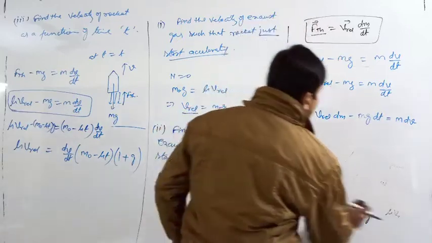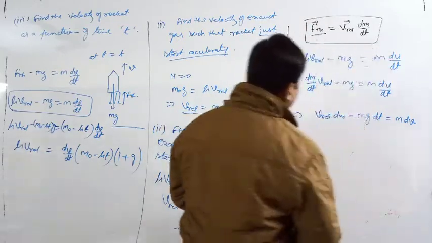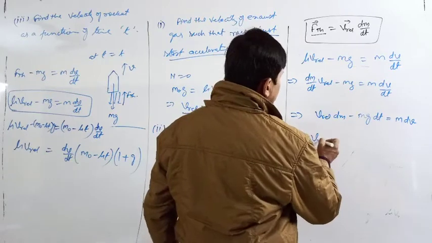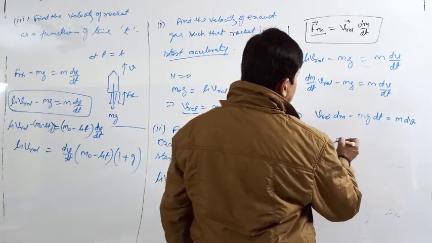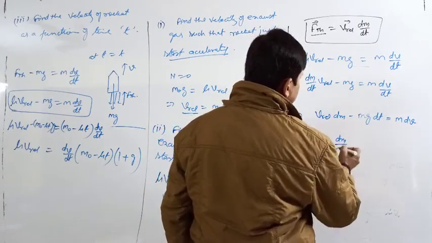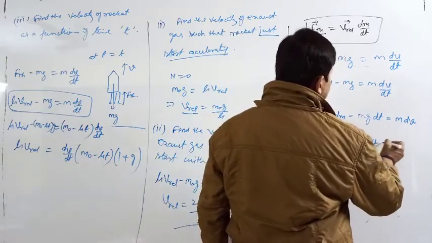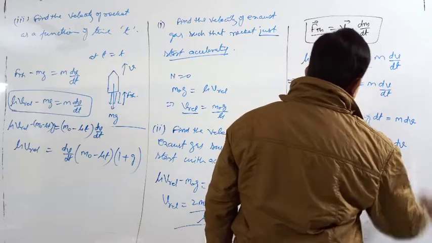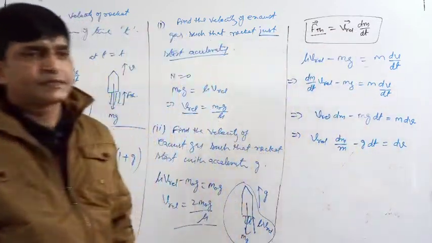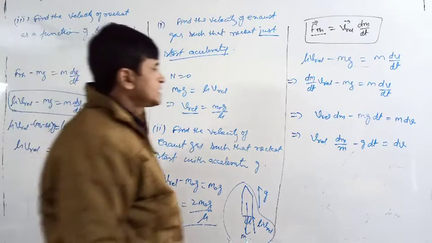And now V relative dm by m minus g dt equals dv. I just divided by the mass m. Fine.